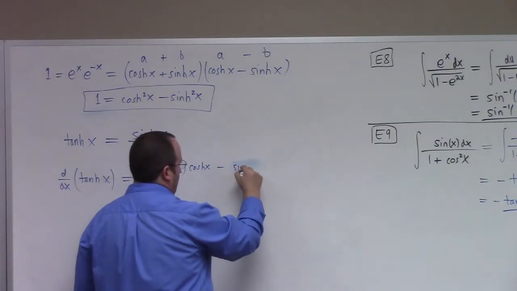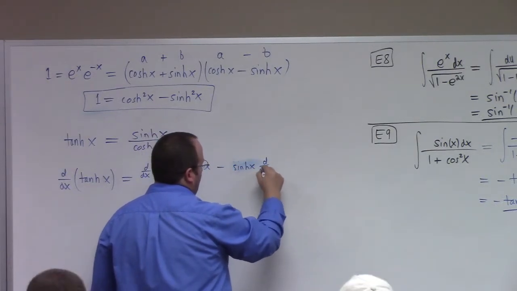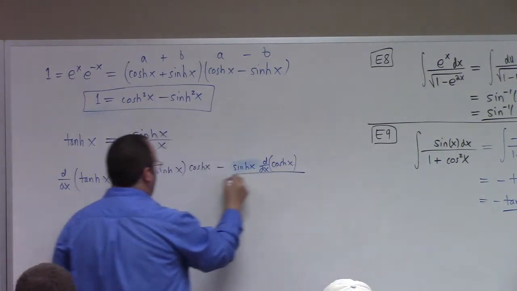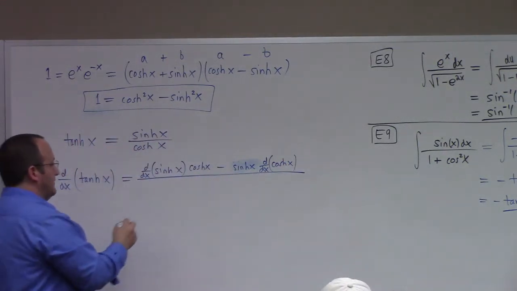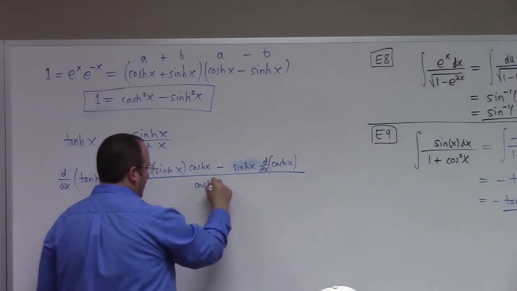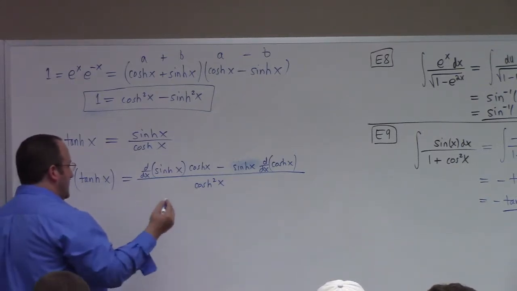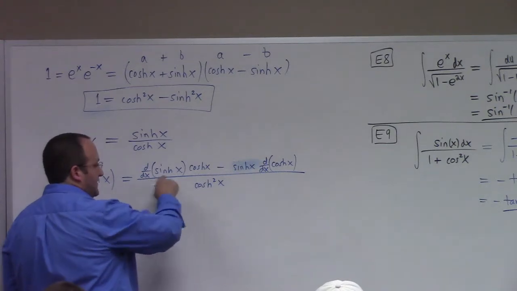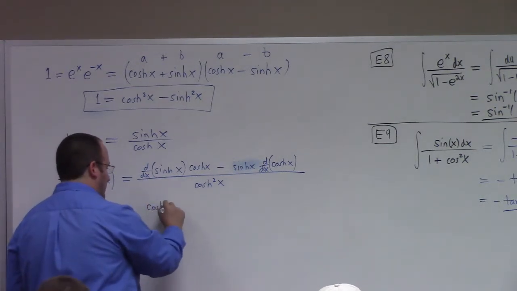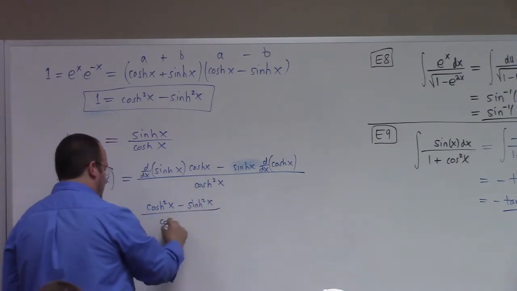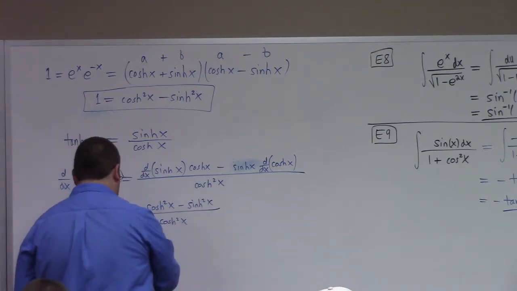So you're telling me the answer, but I'm trying to derive it, yeah? So what am I doing right now? This is the quotient rule, right? You know it, you love it. Surely you have not forgotten it. This is cosh squared minus sinh squared x over cosh squared x, right?